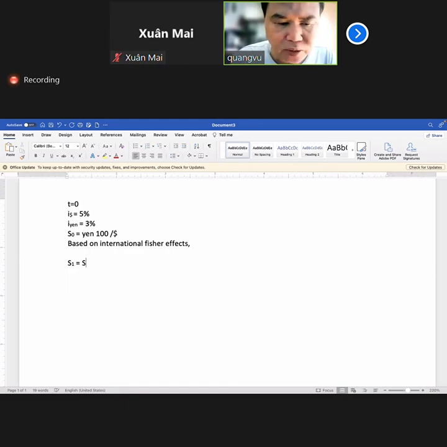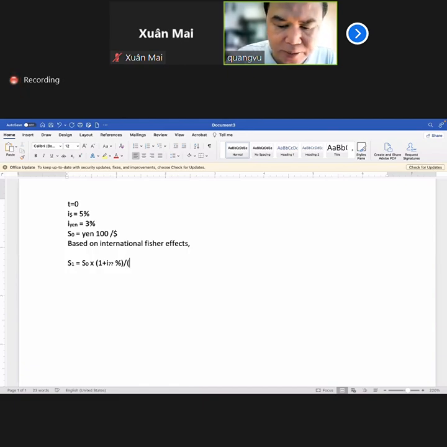S1 will be equal to S0 times 1 plus the nominal rate, in the United States or in yen, we don't know yet, we will have to find out later on.